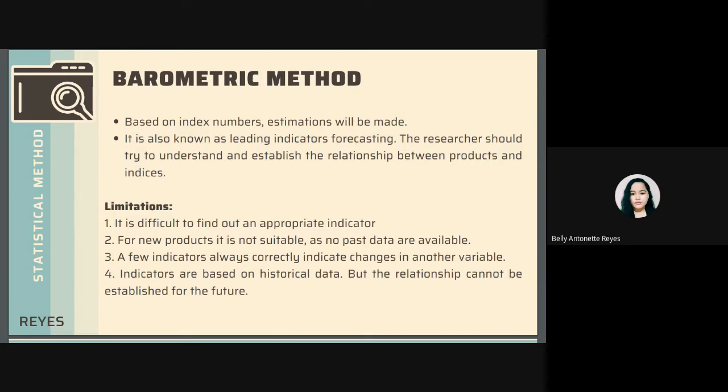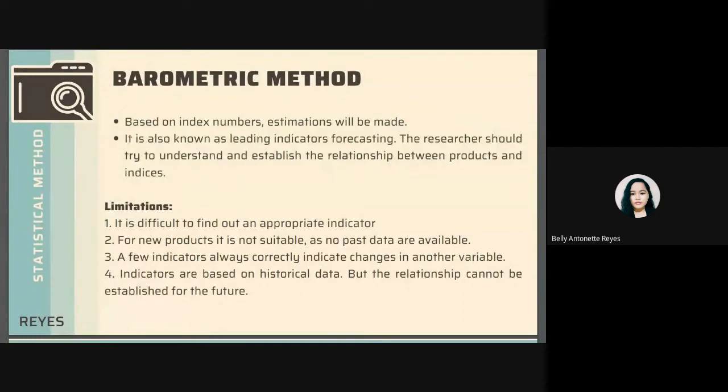So this method is also known as the leading indicators forecasting, and the researchers should try to understand and establish relationship between products and indices. So as an economic leading indicator, this method can help to predict and forecast future events and trends in businesses, markets, and the economy. And for its limitations, first, it is difficult to find out an appropriate indicator.